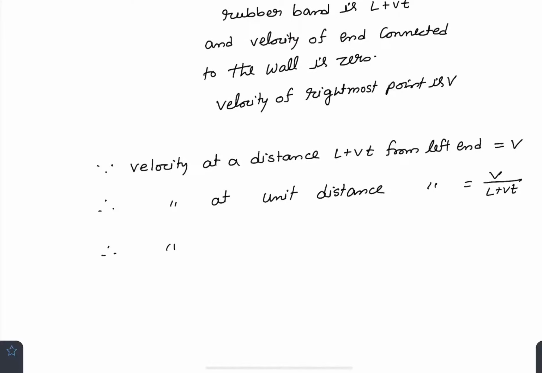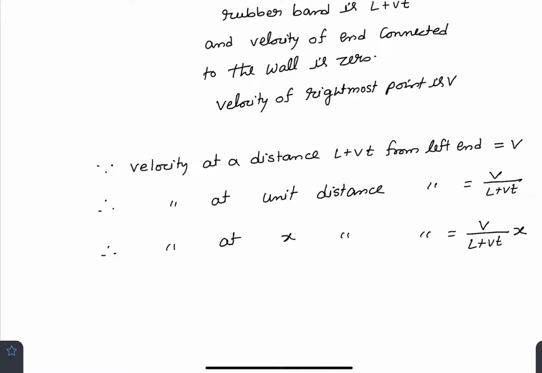So the velocity at distance x from the left end is equal to v upon L plus vt, into x. Here x is a variable which varies from 0 to L plus vt. So by using this expression we could get the velocity at any point.